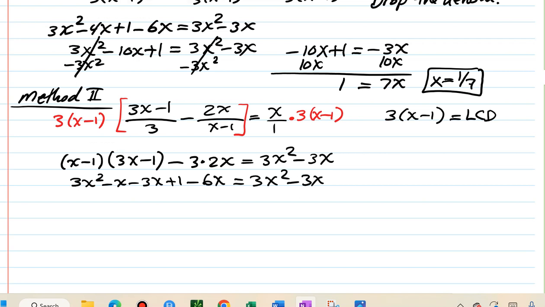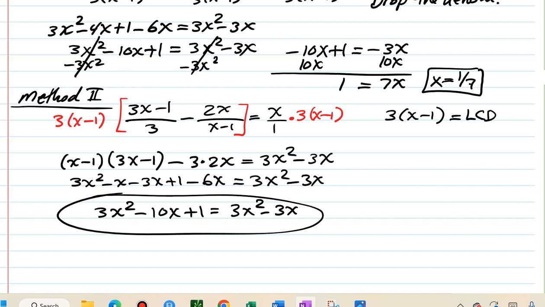And then we can combine like terms. Combine like terms on the left, we get negative 10x plus 1 equal 3x squared minus 3x.